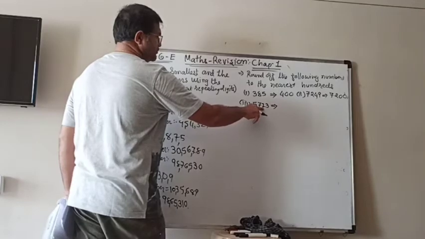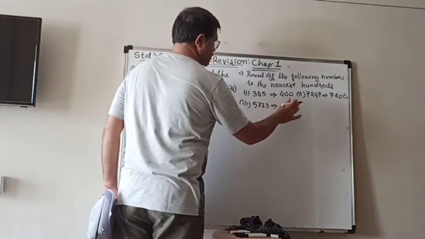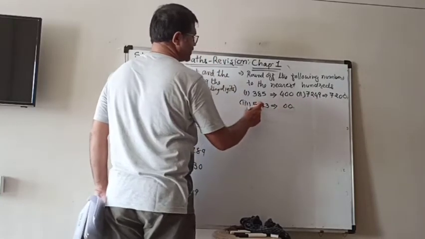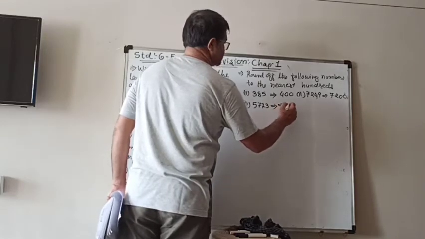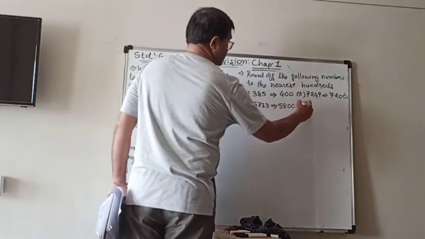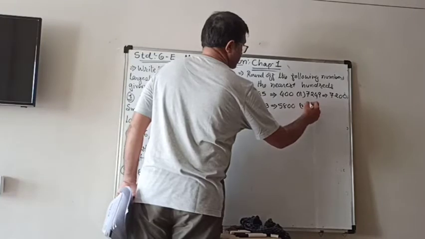Then 7 is also more than 5. So we have to put the last two digits as 0 and add 1 here. So it will be 58. So the answer is 5800.